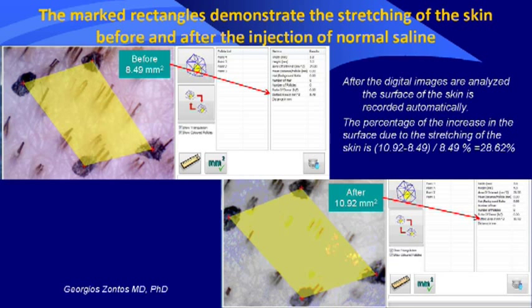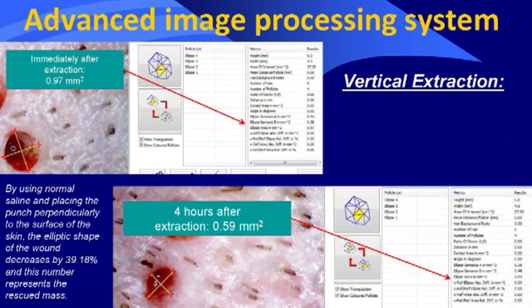Let's have a closer look at the capability of the image processing system. The marked rectangles demonstrate the stretching of the skin before and after injecting normal saline. The software analyzes the digital images and automatically records the surfaces, calculating, in this case, an increase of approximately 29%.